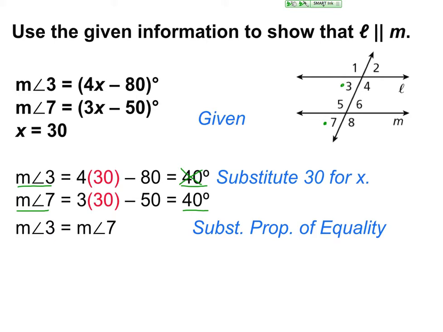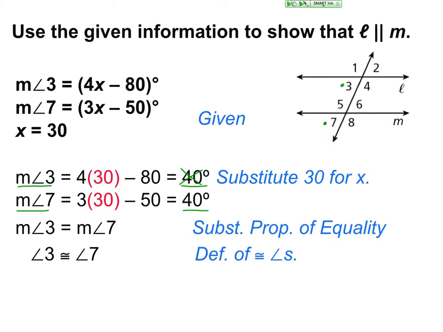Think about that last proof that we did, last sample. What should I do next? After the measures were equal, definition of congruent angles, correct?